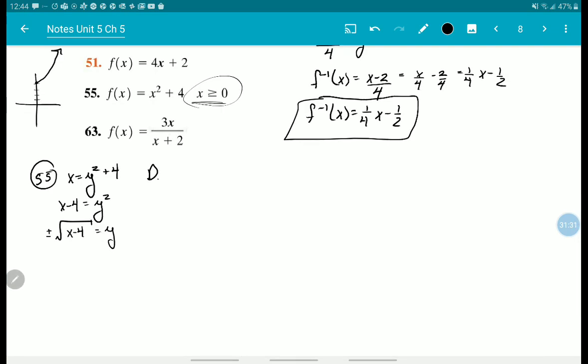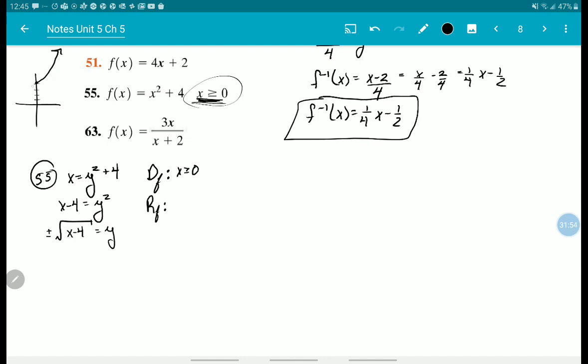So let's analyze a little bit. We know the domain of the original function is all x values bigger than or equal to 0. And we know that because they gave that to us. We also know the range of this function. Just for fun, let's find that. This graph would look like this.